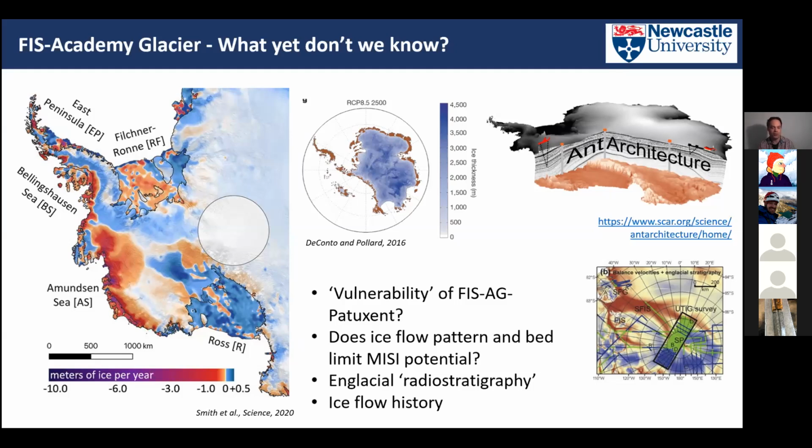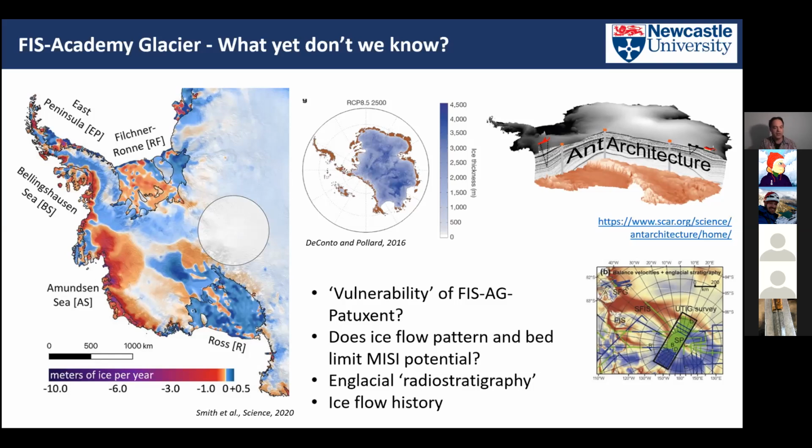Is this system vulnerable? My inclination is that the Pensacola-Pole Basin may not be as vulnerable as we think, partly because of the relatively high elevation of the bed in it, and the influence of isostatic uplift. Also, the configuration of the way the ice flow of the Academy joins the Foundation trunk, and whether there are any bedrock lips there that might limit marine ice sheet instability potential.